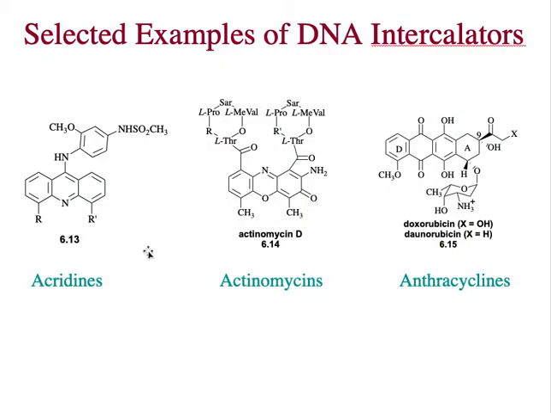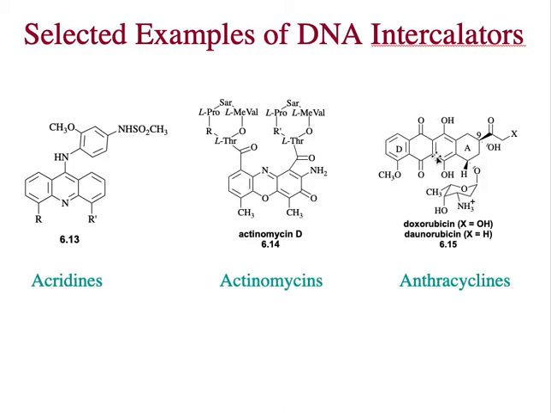And so here are some examples. These are acridines. These are dyes. Actinomycins, so these come from soil bacteria, and anthracyclines. These are very common ones because doxorubicin, for example, is a component of a lot of leukemia and other combination chemotherapies for a lot of different cancers. And daunorubicin is as well.